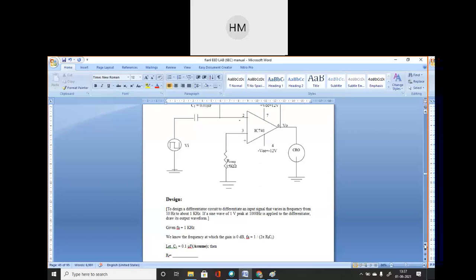Write down the first step, students: select FA equal to the highest frequency. FA is equal to the highest frequency of the input signal to be differentiated.